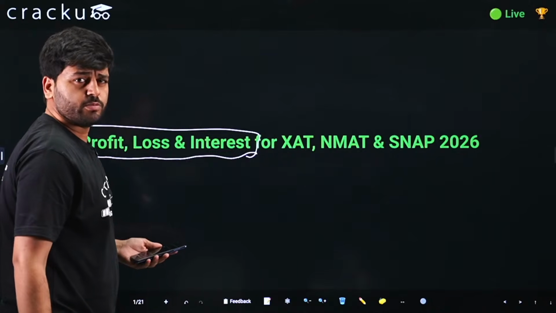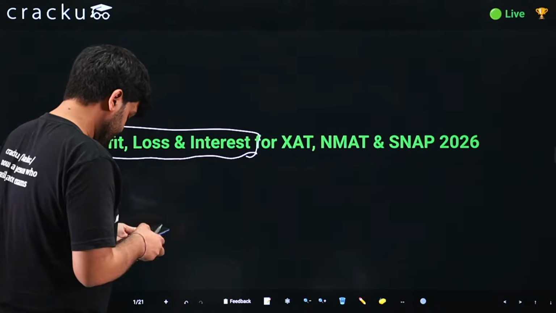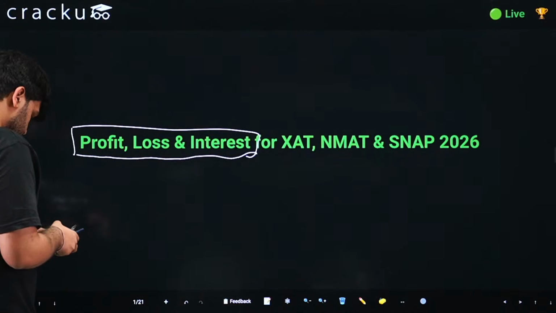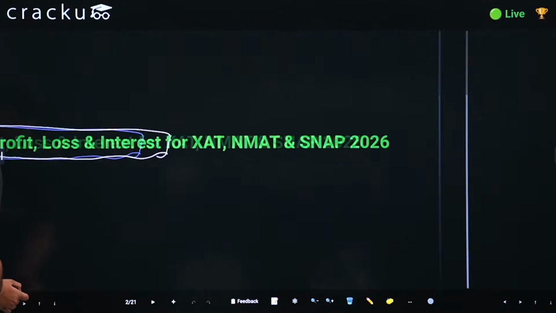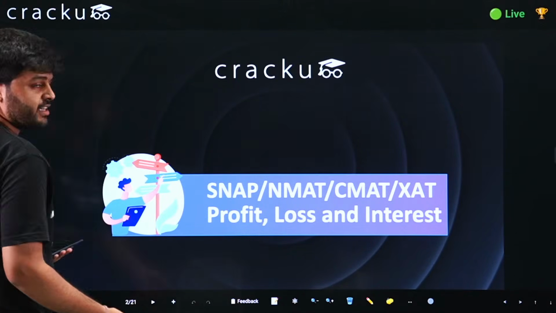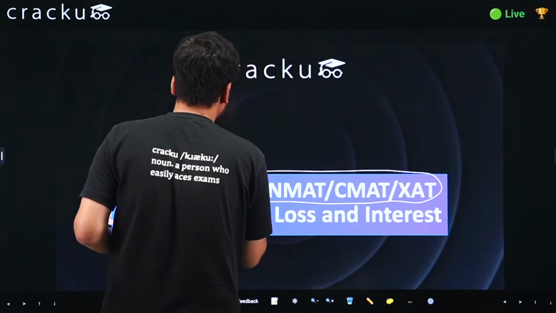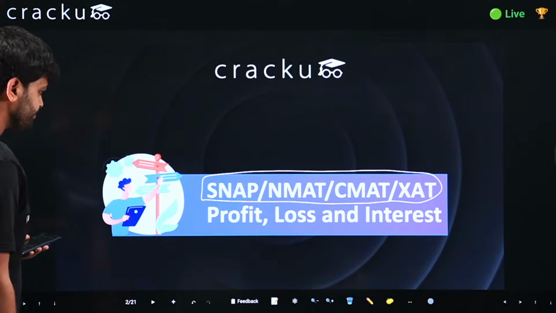And we will also be doing questions. Majorly our focus would be questions only. So let's start the session. We will be targeting these four major exams, OMETs, which are conducted.